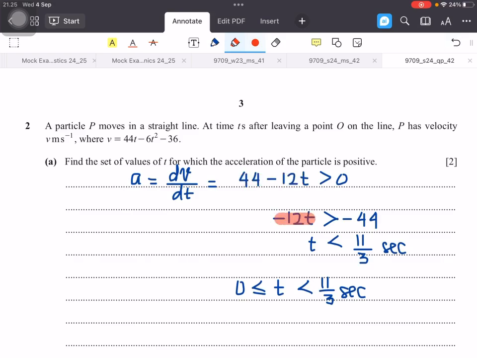So negative 12t is greater than negative 44. t is less than 11 over 3 seconds. So the set of values of t where the acceleration is positive is 0 less than or equal to t less than 11 over 3 seconds.